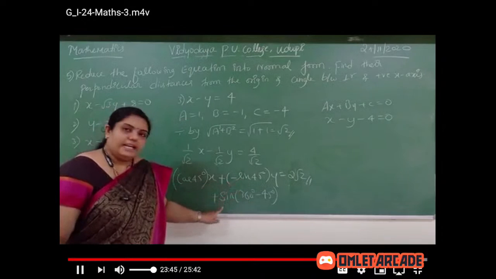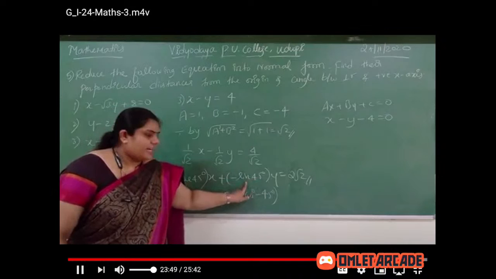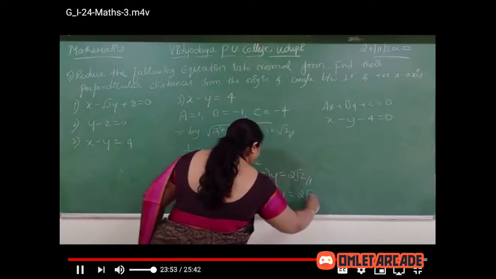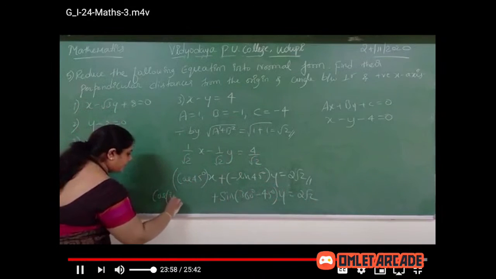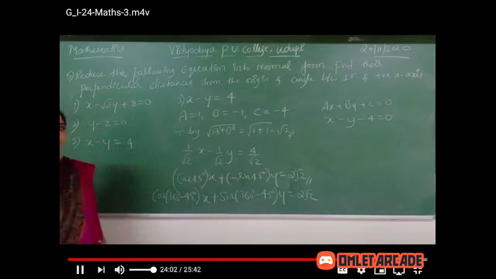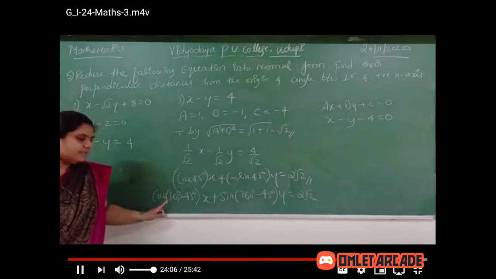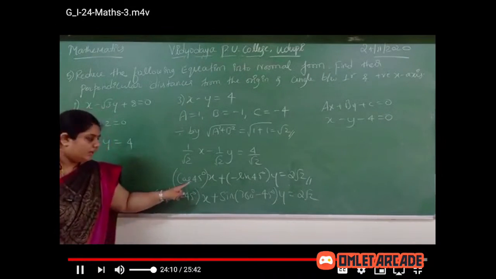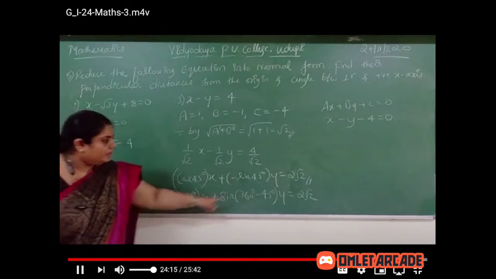In fourth quadrant sine is negative, and since it is an even multiple, it will be sine only of 45 degree. We'll write y is 2 root 2. Similarly, can I convert this as cos of 360 degree minus 45 degree into x? See how I convert it. Is it cos 45? 360 minus means fourth quadrant. In fourth quadrant, cos is positive. Angle is 45. Since it is an even multiple, cos will be there.